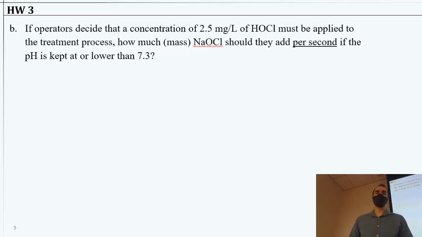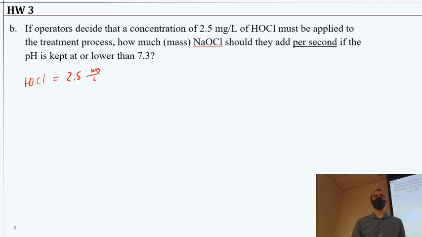Okay, so we changed the pH. We're trying to figure out how much mass of NaOCl to add per second to keep the HOCl concentration at 2.5 milligrams per liter.